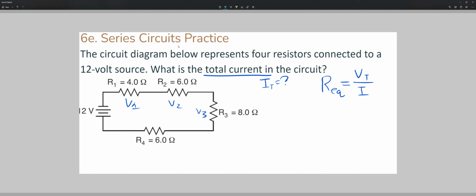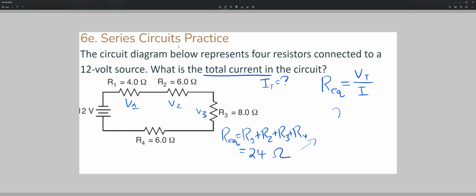And my total resistance is just, by the formula, all your individual resistances combined. And so my equivalent resistance is going to be 10, 18, 24 ohms.